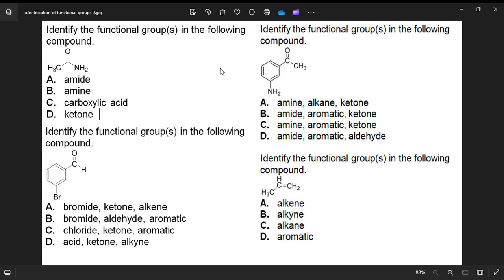After being cloudy, you will see a distinct upper layer of cloudiness separate from the lower part after 1 hour. First, after 5 minutes, there will be cloudiness all in the solution, but after about 1 hour, there will be a separation of layers. That is an alcohol. It's an alcohol that will behave like that.